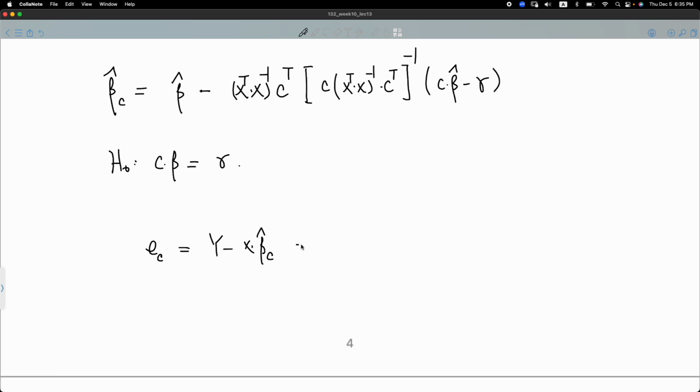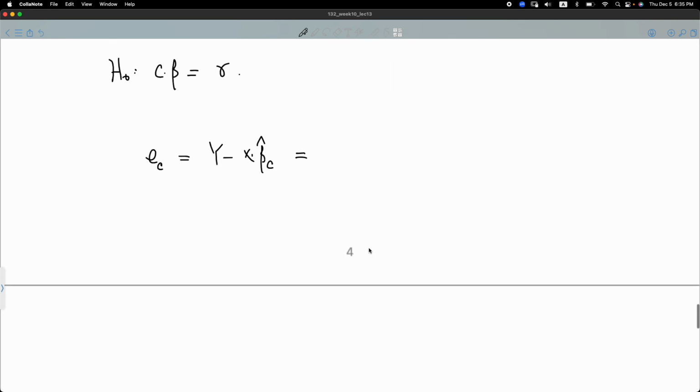And then if you plug in this expression here, I will let you verify if you want. Here I'm just providing the result. So the residual under the constraint model is actually equal to the residual under the unconstrained model plus the following, which is a very long expression.